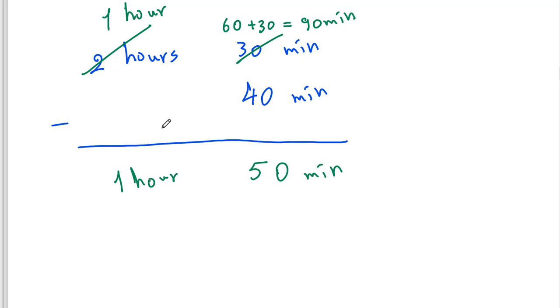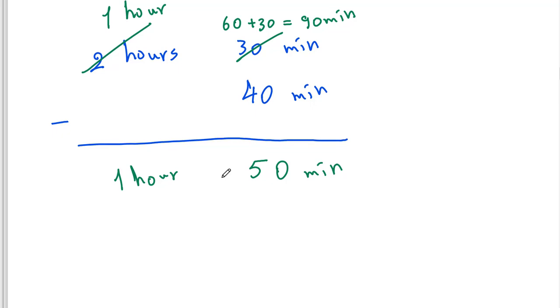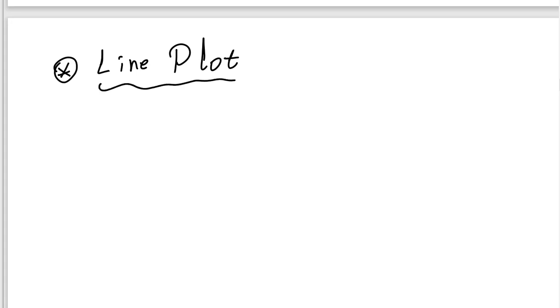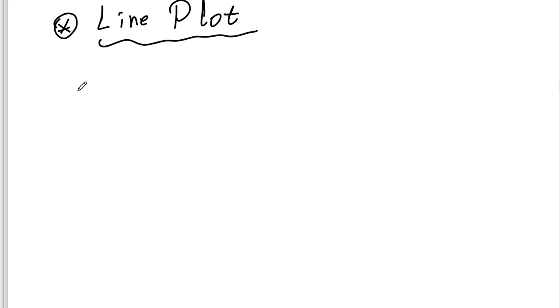Okay, so this is how we deal with the time. And now let's go to the next topic, which is line plots. I will start with a given line plot so we can use it.